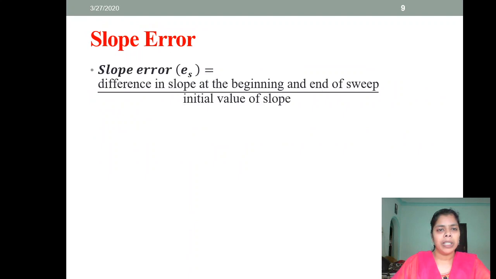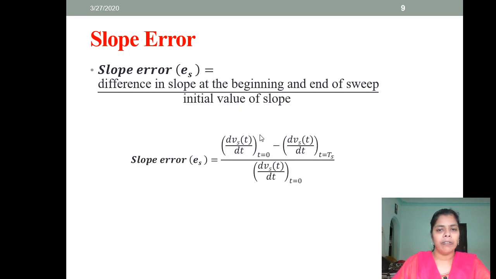Mathematically, it is represented as difference in slope at the beginning and end of sweep divided by initial value of slope. So we know that slope means change in y-axis with respect to change in x-axis. So here y-axis is sweep voltage, x-axis is time. So change is given by dVs of t divided by dt.